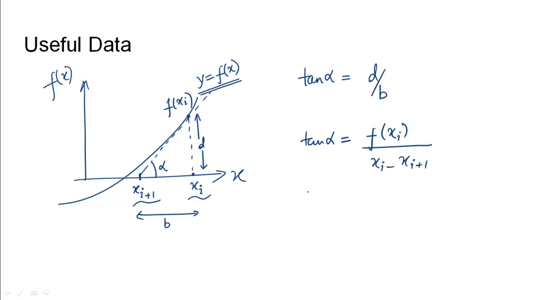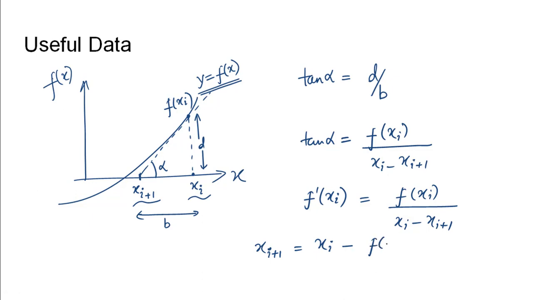Tan alpha can be written as f dash of xi, as it is the slope of the function at the point xi. This would be equal to f of xi divided by xi minus xi plus 1. Rearranging, we would get xi plus 1 equals xi minus f of xi divided by f dash of xi.